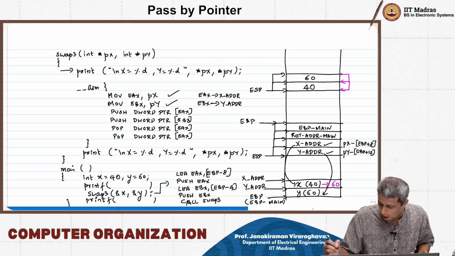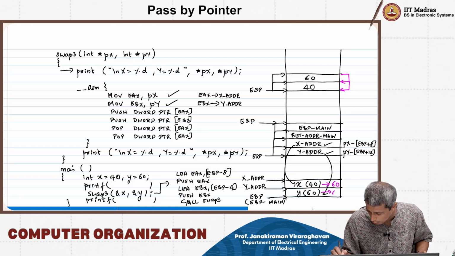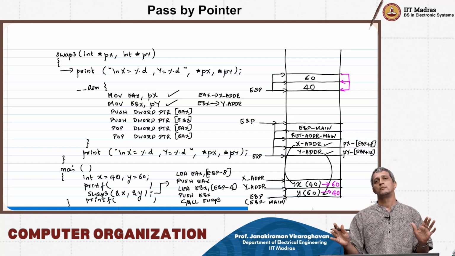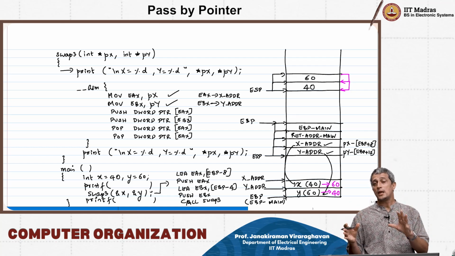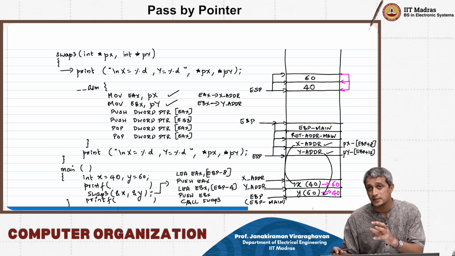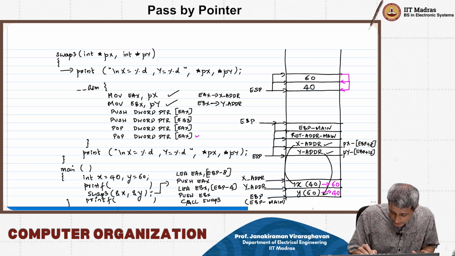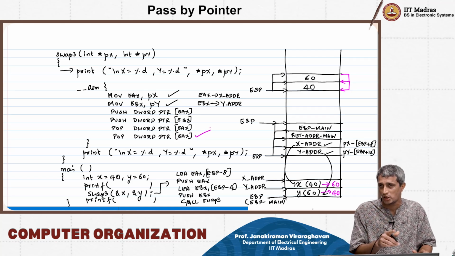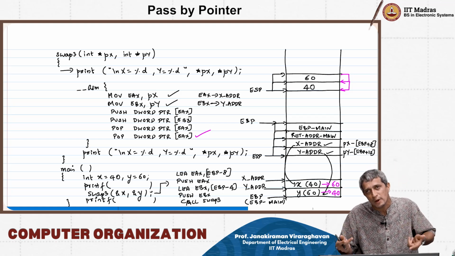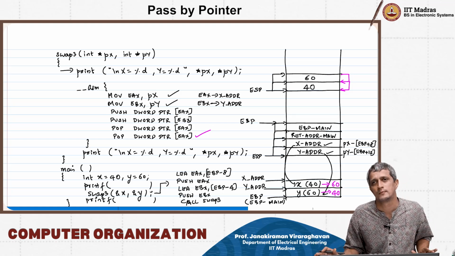Then you do another pop and this 60 will now become 40. Okay. Thereby, effectively we have been able to swap the values. So once you finish executing this instruction of swap 3, the values in main themselves have got swapped.